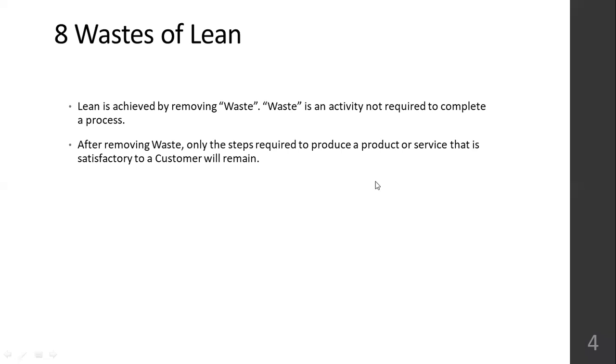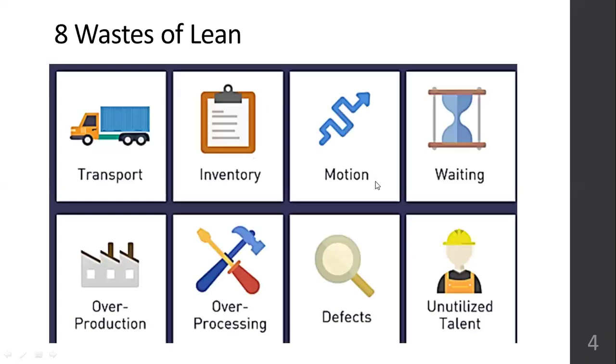Anything that is unwanted, that can save your resources, your money, time, value, they all come under waste. So these are the 8 wastes that you see in lean.